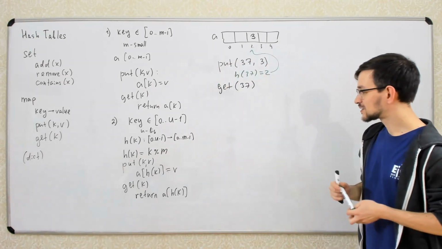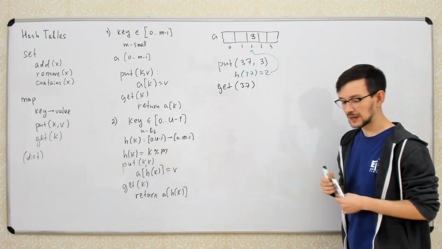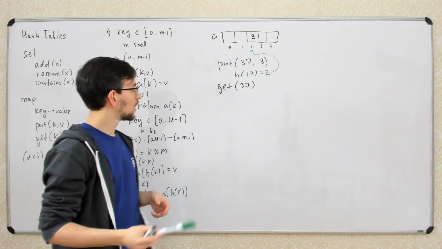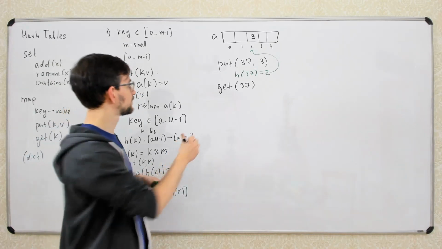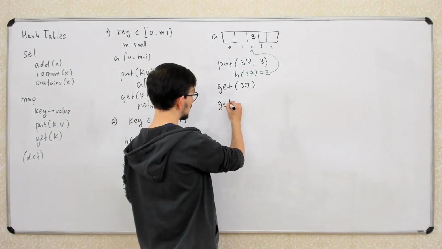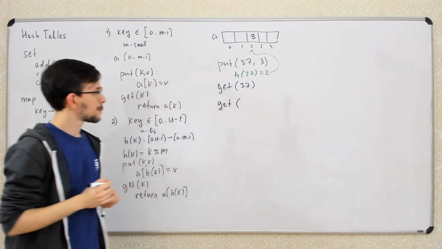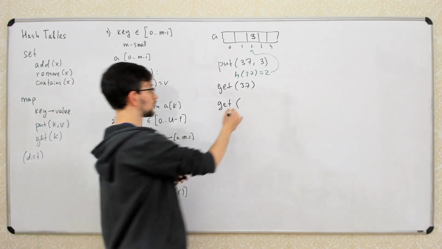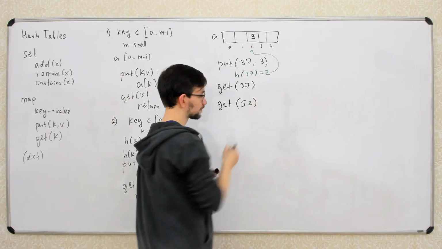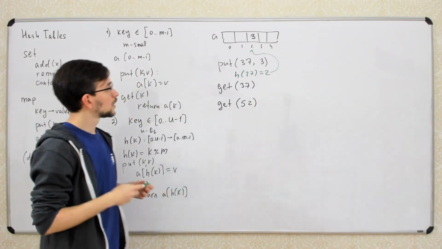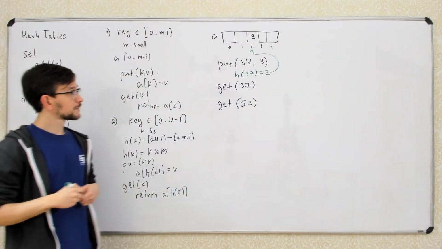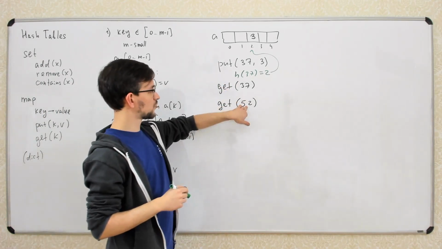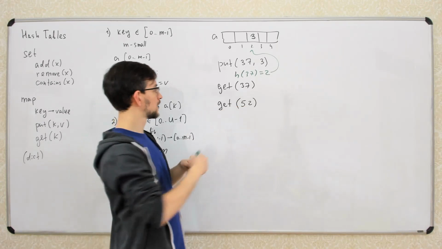Now let's look at what problems we'll have. Problem number 1. If you try, for example, to get 52, what will happen? You will calculate the same function from this key.